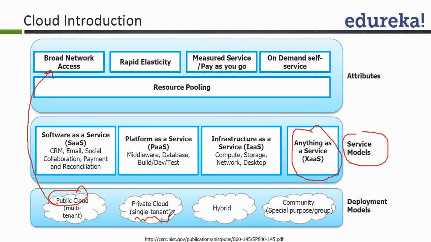Now the public cloud gives you the advantage of scalability. Generally, you go to Google or Amazon. Amazon has massive infrastructure available to offer to you.